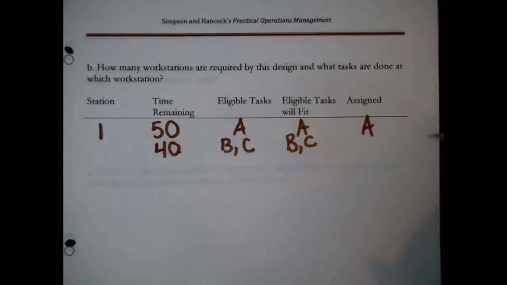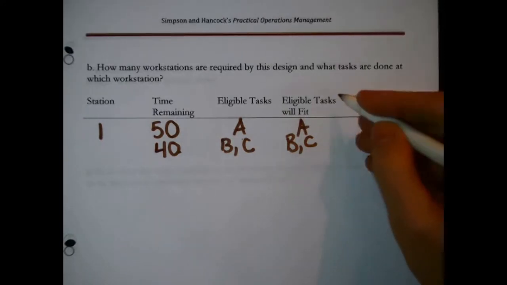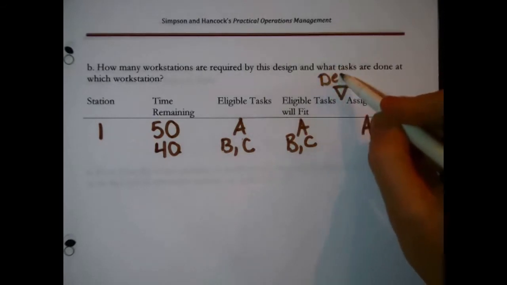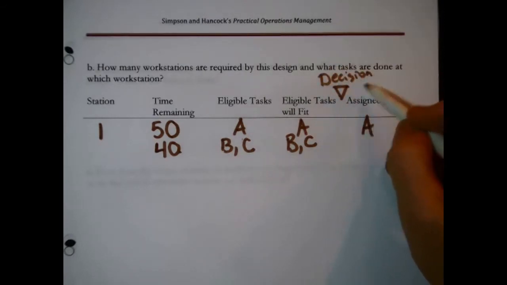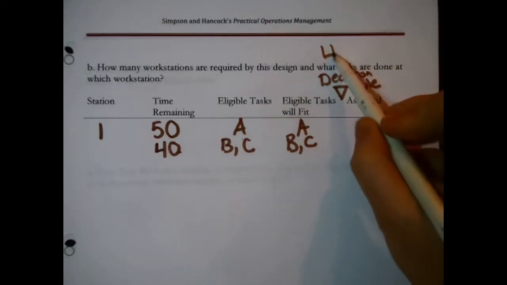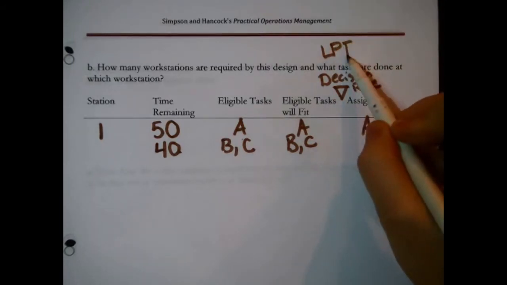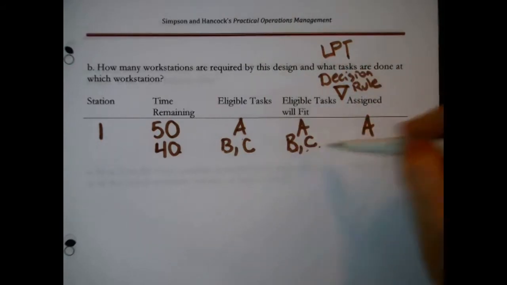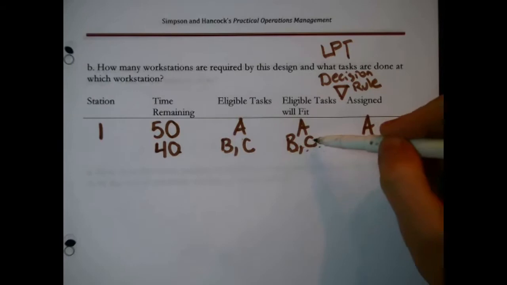Now, only one of them can get the assignment. This is where your decision rule kicks in. And the problem had specified longest processing time. Meaning that when you have a choice between here and here, you pick the longer of the two.